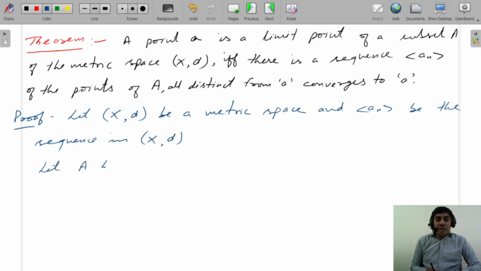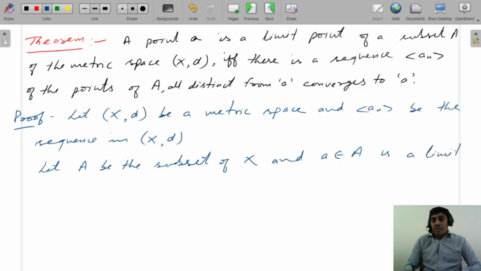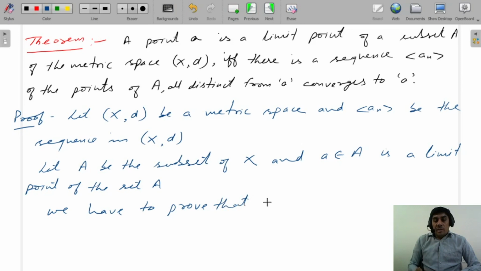Let capital A be a subset of X and small a belongs to capital A is a limit point of the set A. We have to prove that the sequence a_n converges to a.